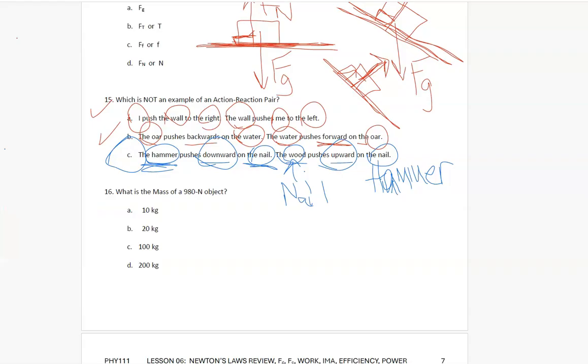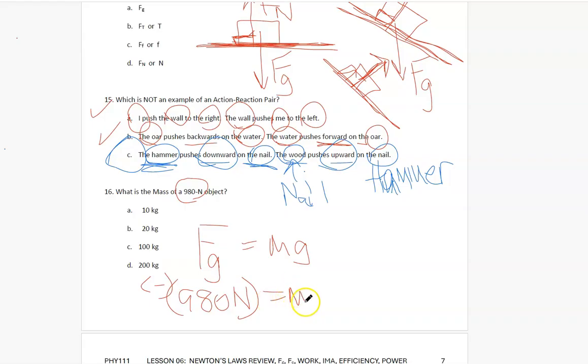Number 16, what is the mass of a 980 Newton object? Well, Newtons is a measure of force. Weight is a type of force. That's F sub G. We know this equals M times G. We are told that the force is 980 Newtons. We're not going to worry about plus and minus signs right now. We could put it in there. We could just remind ourselves with little parentheses. We are looking for the mass, and gravity is 9.8 meters per second squared.